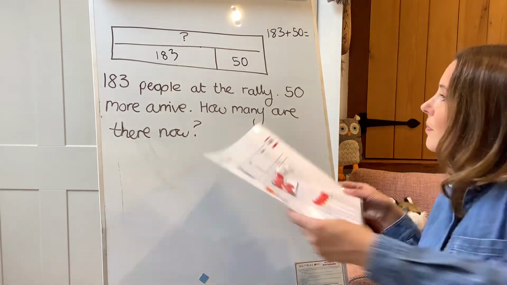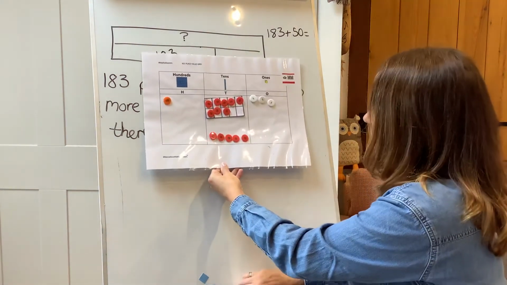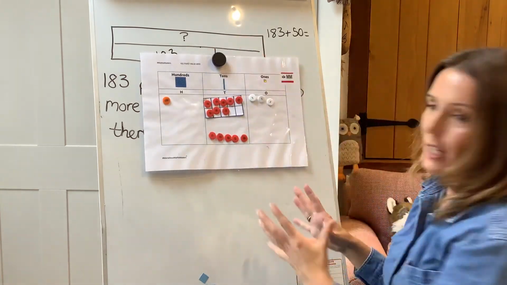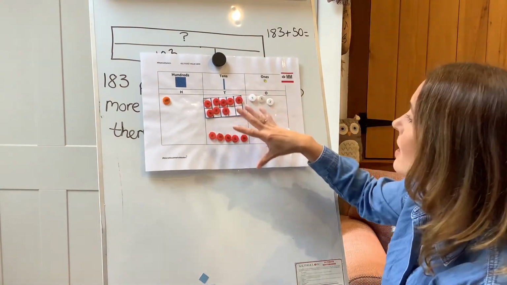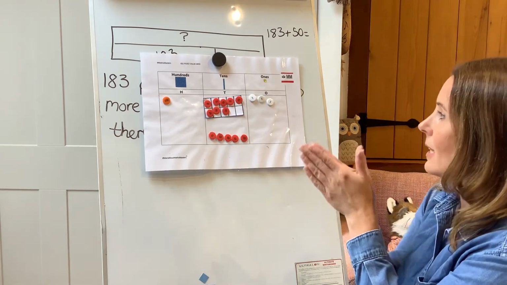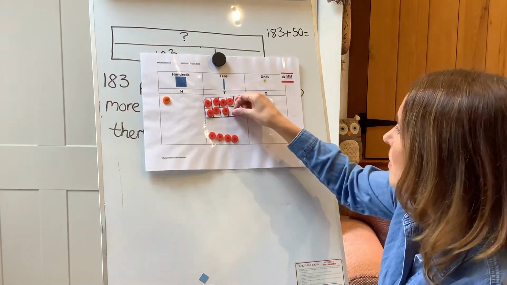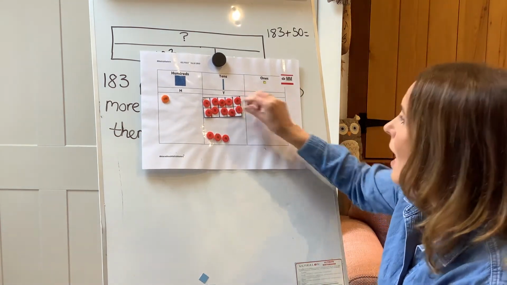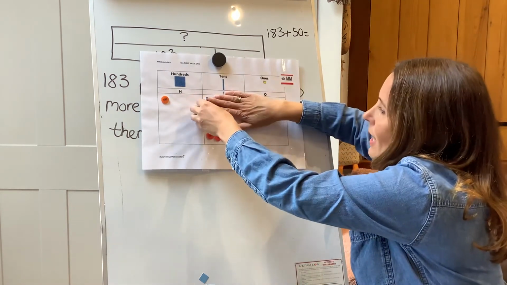So, do we need to do any regrouping or exchanging? Yes, we do, because here I can see I'm going to end up with more than 9 tens in the tens column, because I'm going to put 2 of the tens on there, onto the 8 tens, it's going to make 10 tens.